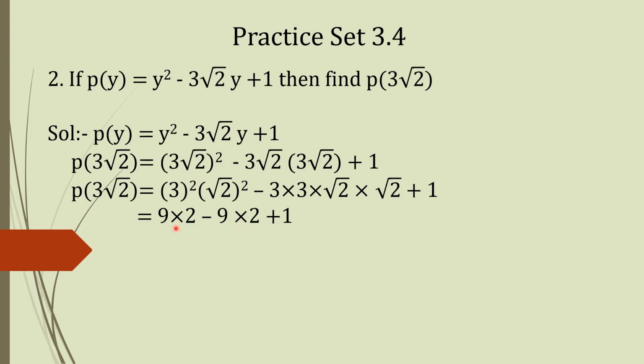Now let's solve this. 9 twos are 18, minus 9 twos are 18, plus 1. So our next step will be 18 minus 18 plus 1. Now students, you know the same number with opposite sign will get cancelled. 18 minus 18 will be 0. So the answer would be 1.